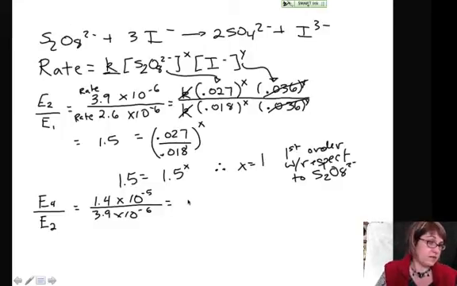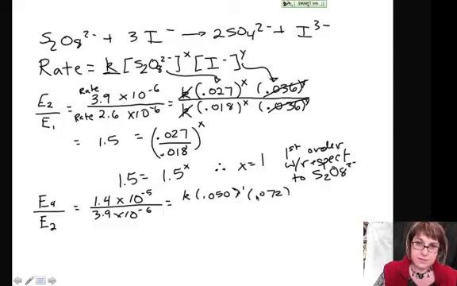I don't like fractions. And then we write the rate law for experiment 4: K times 0.050. There's my thiosulfate raised to the x. Wait, I know what x is now. X is 1. So let's just put a 1 in there. So 0.05 is raised to the first power, but I don't know yet the exponent for y.